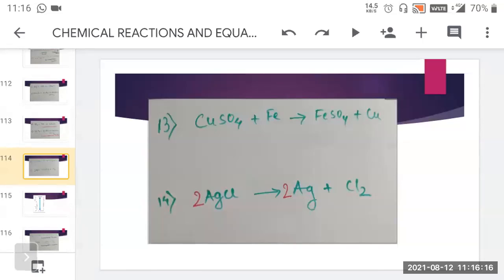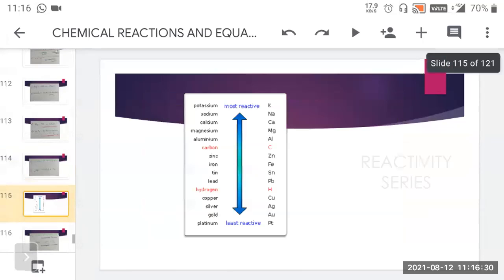So here one compound and one element is present. So now we will see whether Fe is highly reactive or Cu is highly reactive. Through the reactivity series, we can see that Fe is highly reactive. Here in the reactivity series, you can see iron. After carbon, zinc is present and then iron is present.